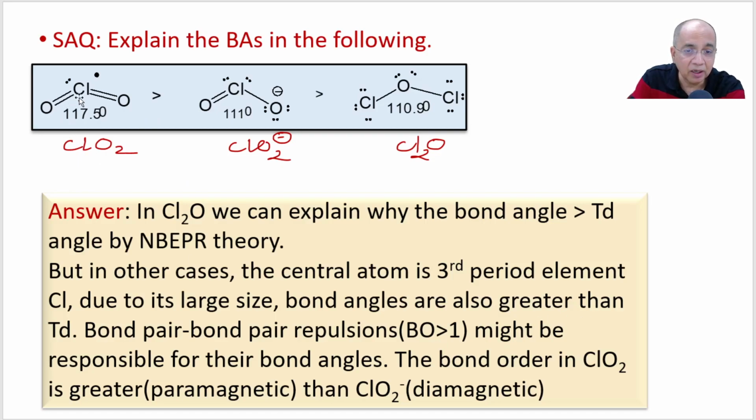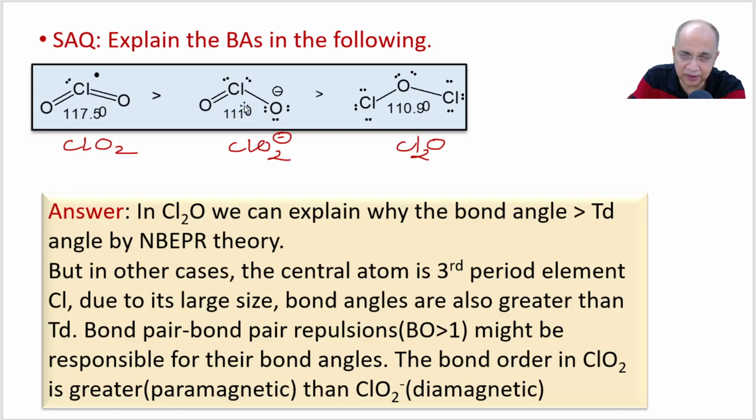You have to bring in the bond pair repulsion here because there is a pi bond. Even if for steric number you calculate 4, and you can say the hybridization is sp3, still there is a pi bond. Another pi bond here in ClO2, so there is a greater repulsion factor here. As a result, the bond angle is more. And here there is a single bond. Of course, there is resonance, the bond order is 1.5, here 2.